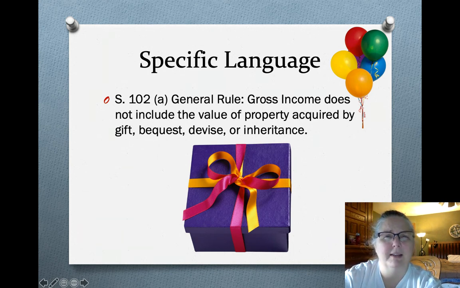But it does mean that it starts with an opening proposition where you can have some changes to it in further subsections or paragraphs. So the general rule here is gross income does not include the value of property acquired by gift, bequest, devise, or inheritance. That's very specific.